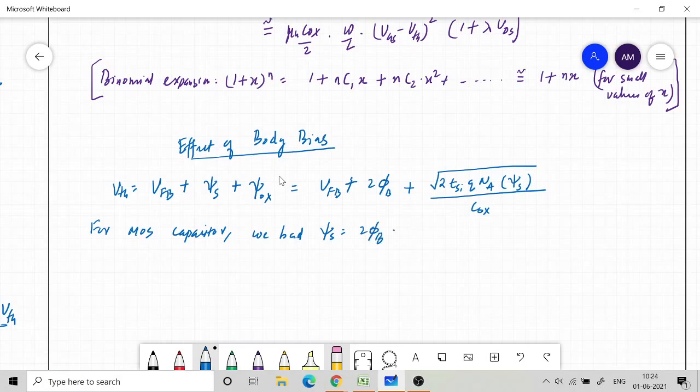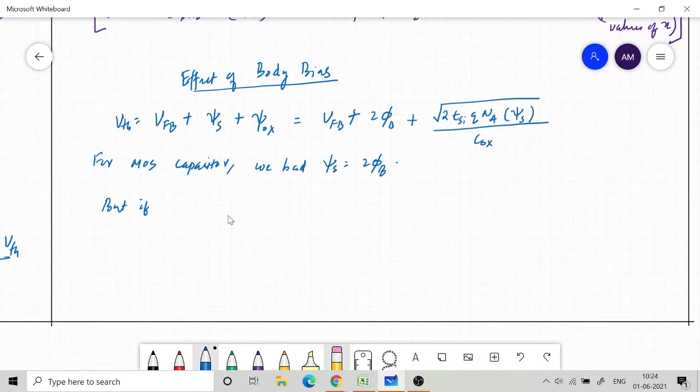Now what will happen if we apply body bias? If VSB is not 0, let's say VSB is greater than 0, or to be more general, VSB not equal to 0, then this equation for threshold voltage is no longer valid.